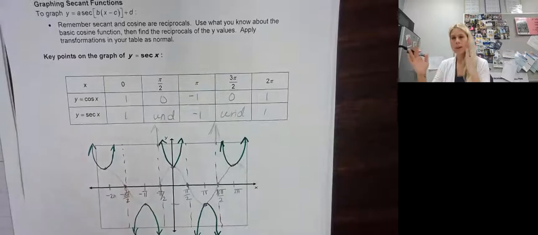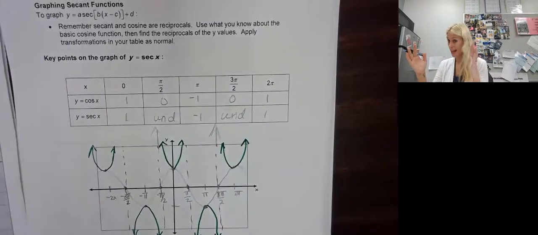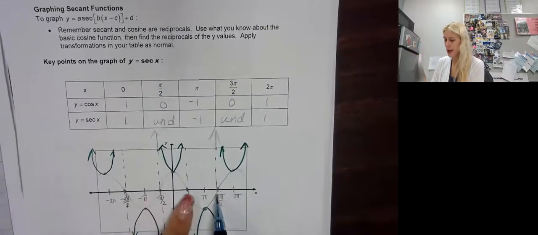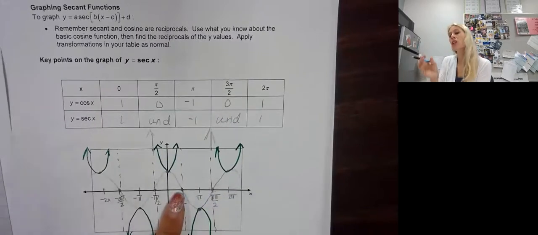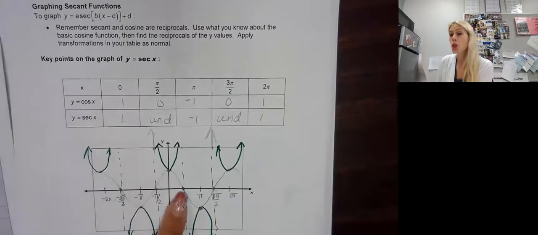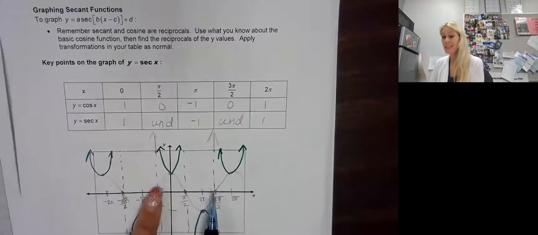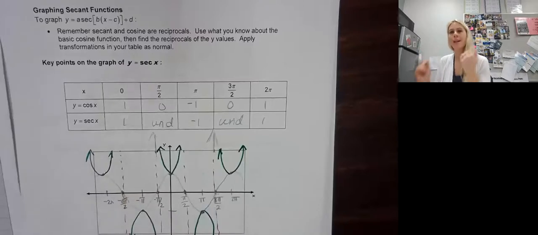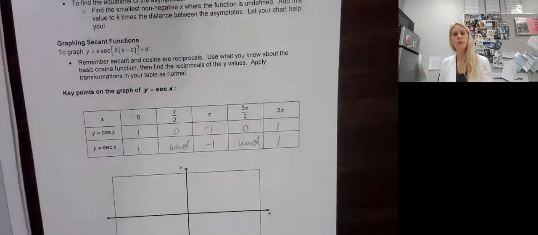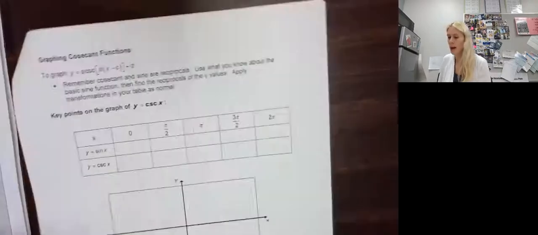So really, if our period is 2 pi, our asymptotes are a pi in between. What we're going to do is take our period, what's given to us, divided by 2, and that's where the asymptotes break up. So if this is 2 pi, I see that there's an asymptote every pi. So I'm taking my period and dividing it by 2 for those asymptotes. This will get more familiar as we start graphing.